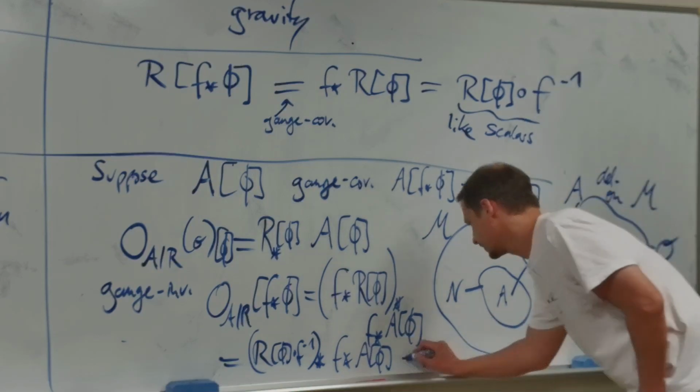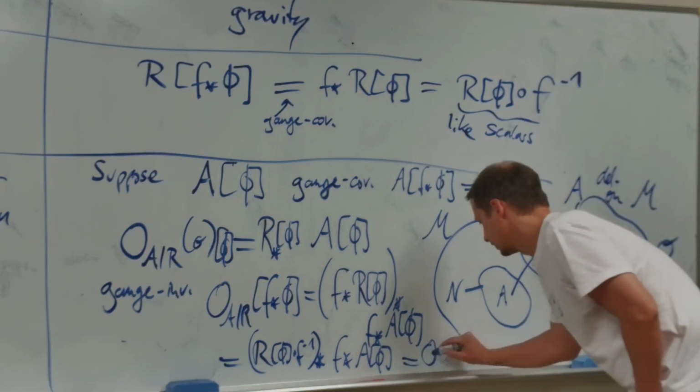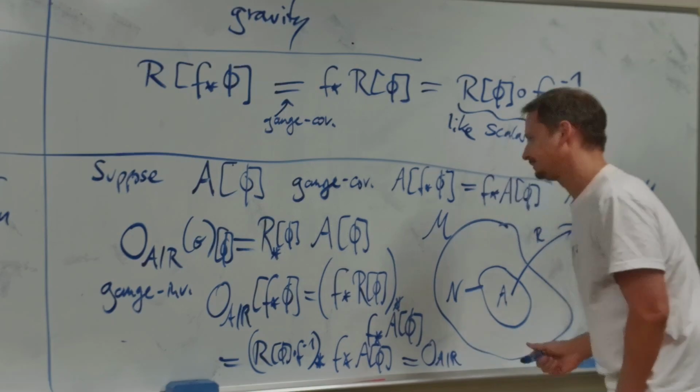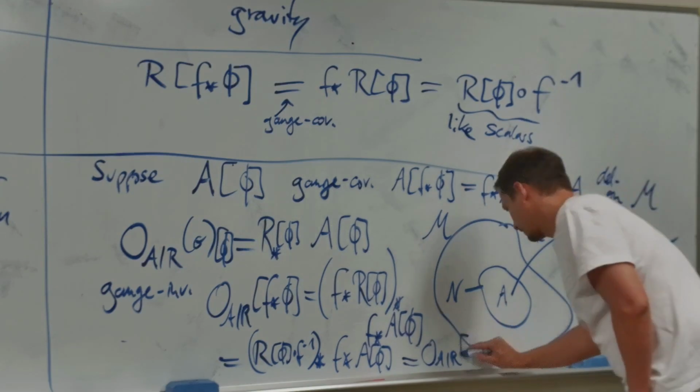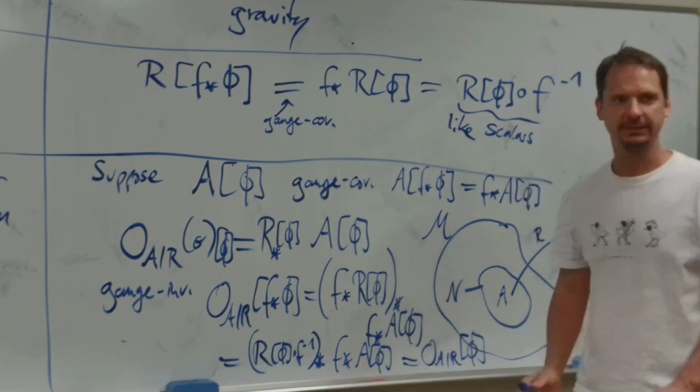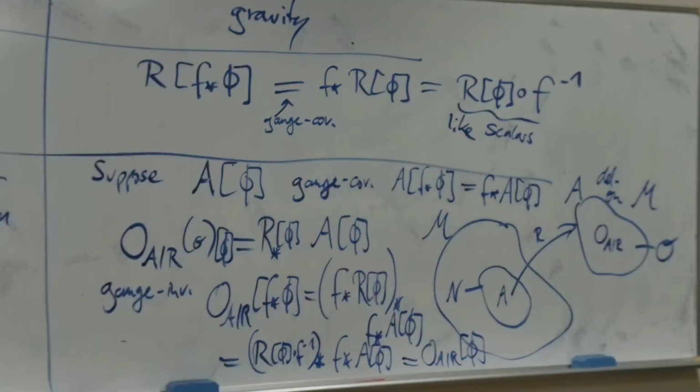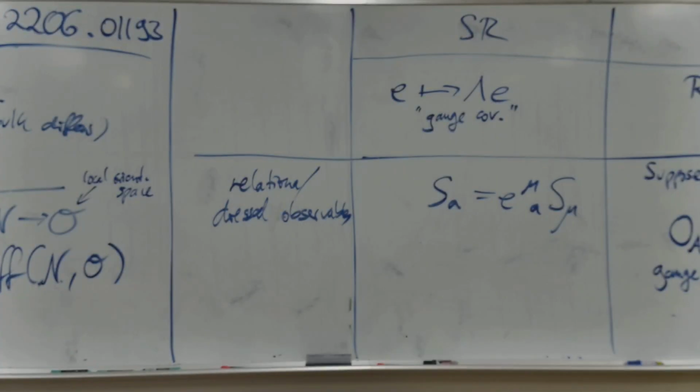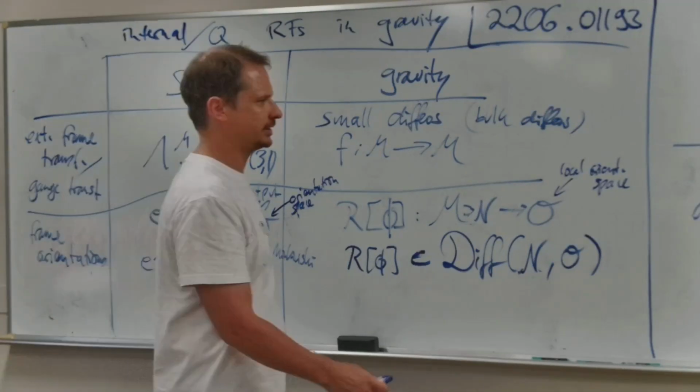So this is equal to O_A relative to R. Is that clear? That's really the same kind of argumentation that we had in the gauge theory case.